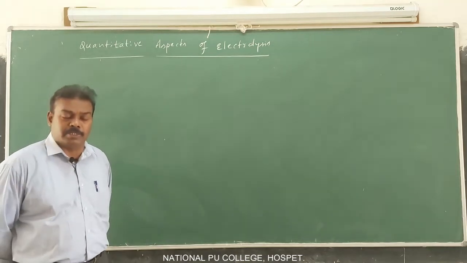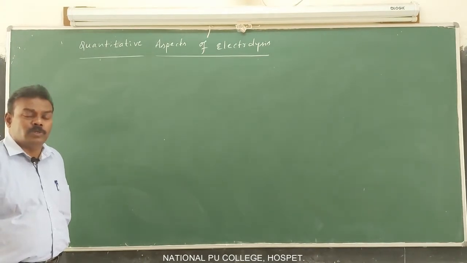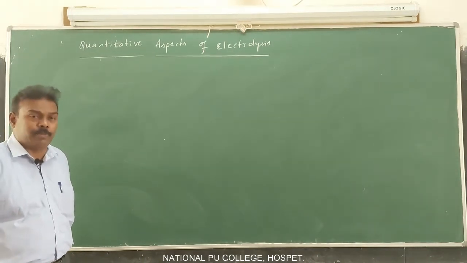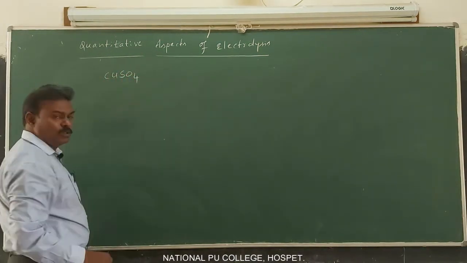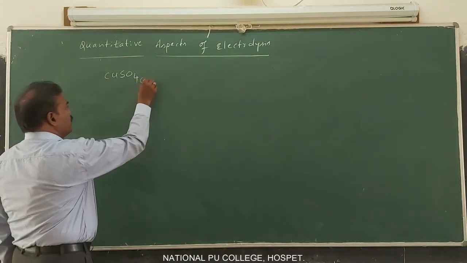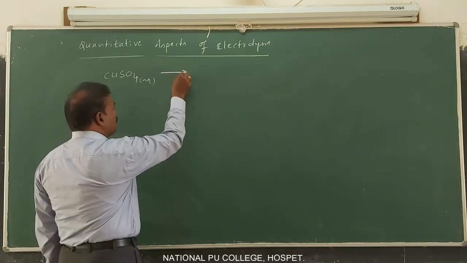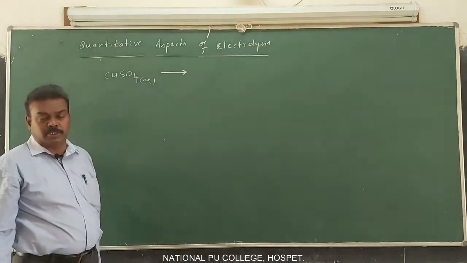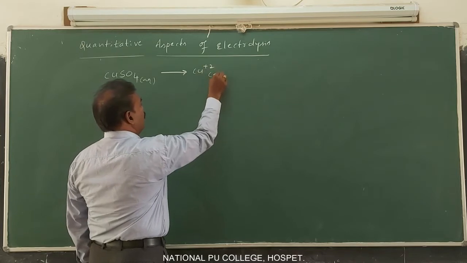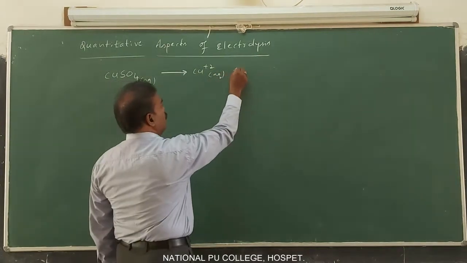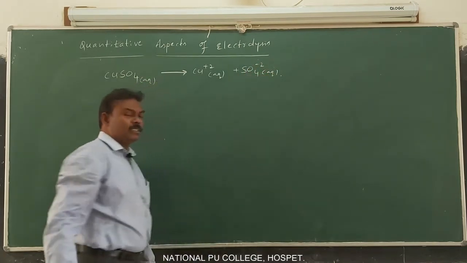Suppose you pass electricity through copper sulfate solution, what happens? When you prepare the copper sulfate solution in water, it ionizes to form Cu+2 ions in the aqueous state and sulfate ions, SO4-2, in the aqueous state.